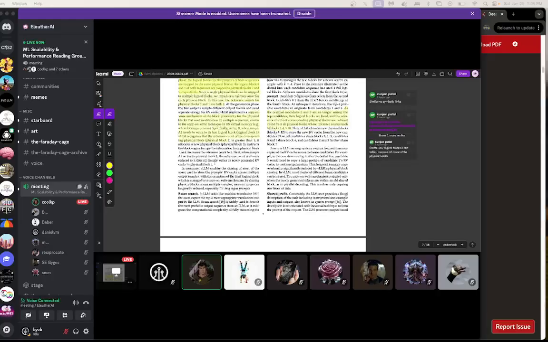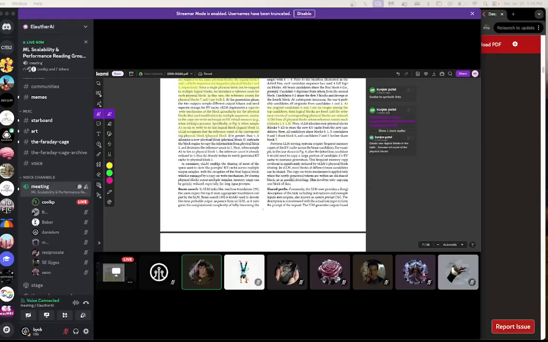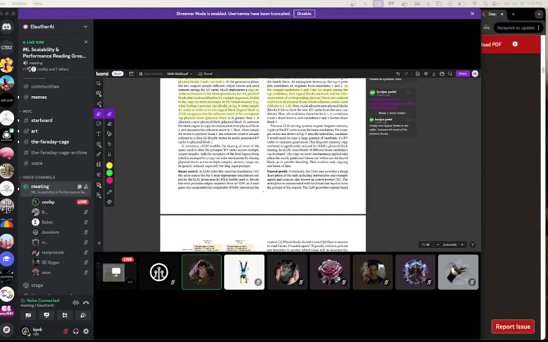In summary, vLLM enables sharing most of the space used to store the prompt's KV cache across multiple output samples, with the exception of the final logical block, which is managed by a copy on write mechanism. By sharing physical blocks across multiple samples, memory usage can be greatly reduced, especially for long input prompts.